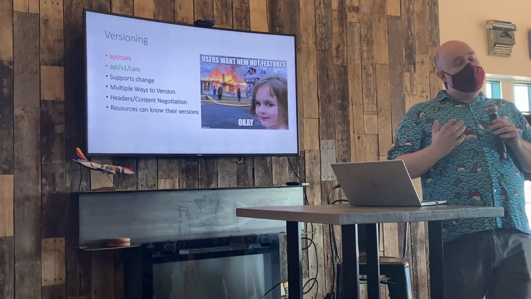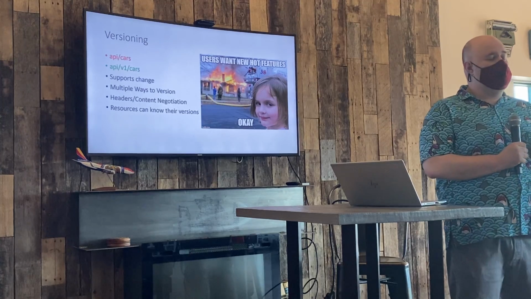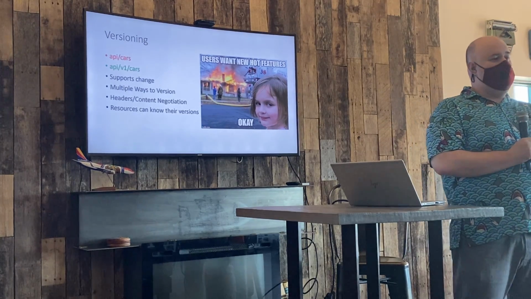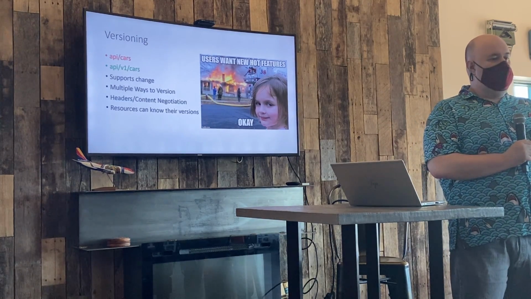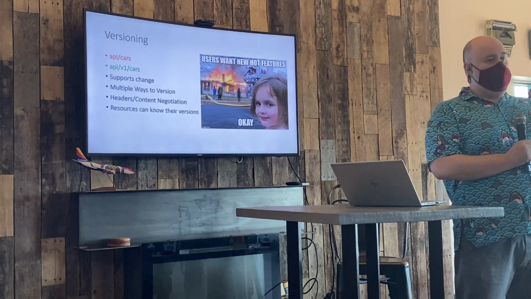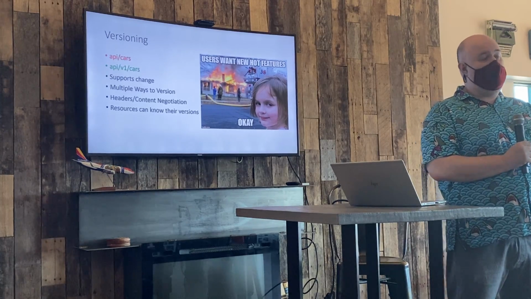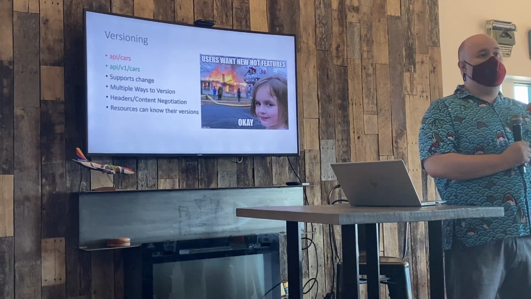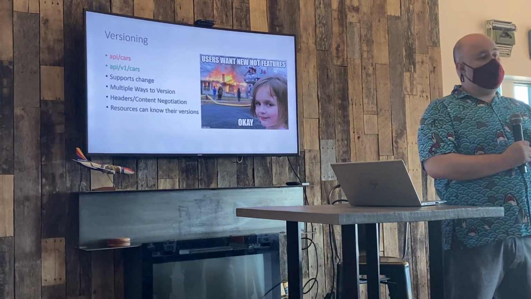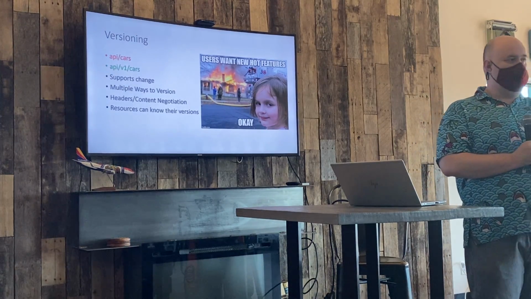Another way that's about as easy as putting it in the URL is just having the objects themselves know what version they are. So if you hit against the cars endpoint and it returns a version 2 model and the person's expecting version 1, as long as you have told them in advance, hey, whenever you receive models, check the version, they can say, oh, that's not version 1, I need version 1.